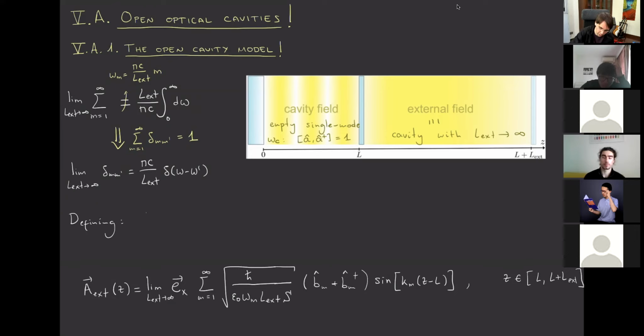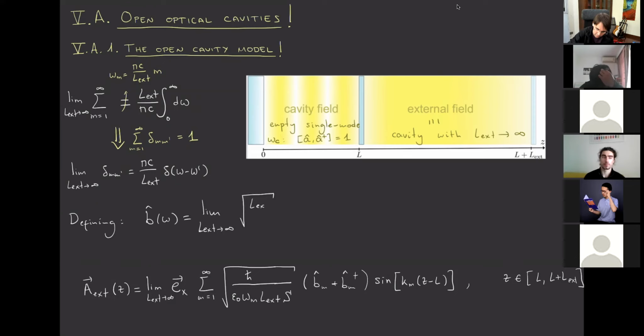We are going to define continuous annihilation and creation operators that will make sense in the limit of L going to infinity, and they will be given by this.